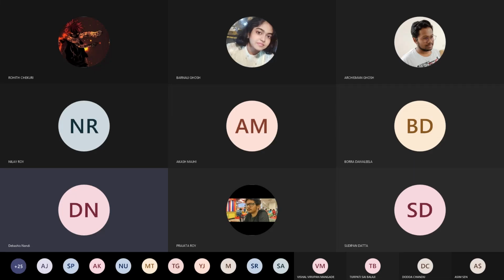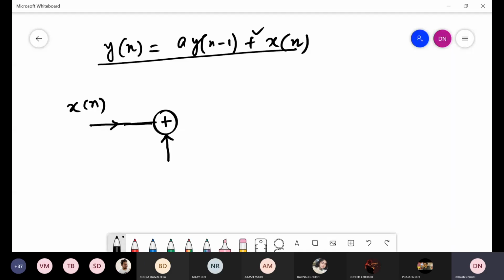There will be a summer, and here this section is added with this. Suppose here a multiplier is there, and the constant a is multiplied with yn minus 1, which will be added with xn.